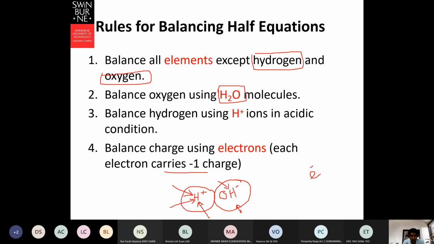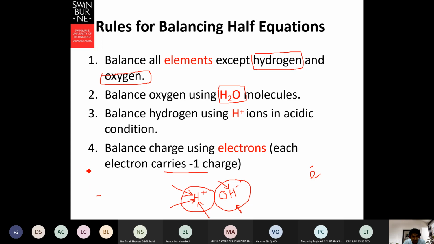So after we have balanced out all the atoms, the hydrogen ion and oxygen atoms, after that we have to balance the electrons or the charge. The total charge should be the same on the reactant side and on the product side.